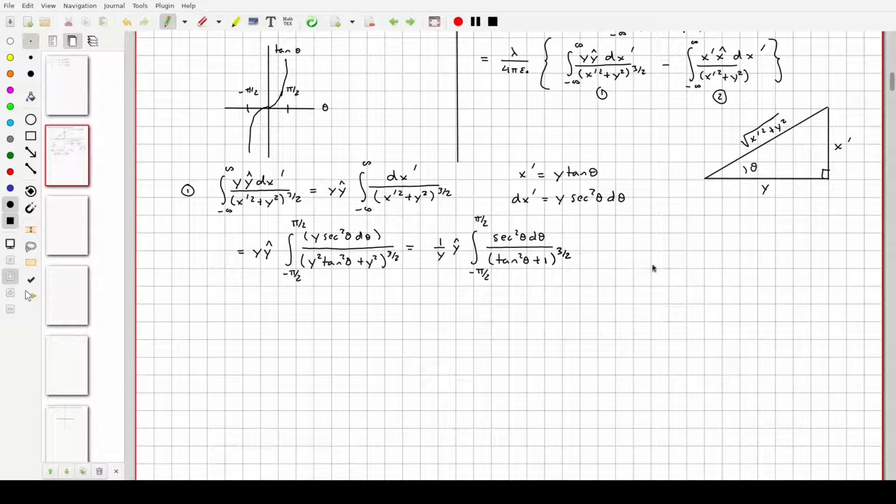Now look, if you go back and take a look at your trig identities, there are identities that look like this. Sine squared of theta plus cosine squared of theta is equal to 1. And then another one that goes something like this. Tangent squared of theta plus 1 is equal to secant squared of theta.